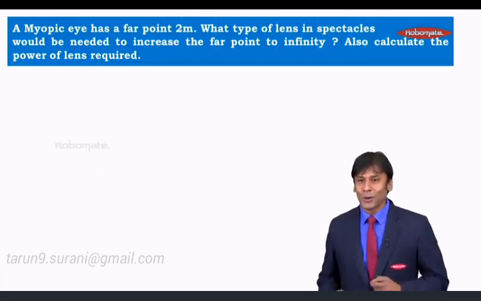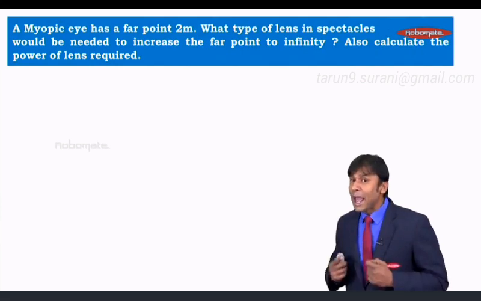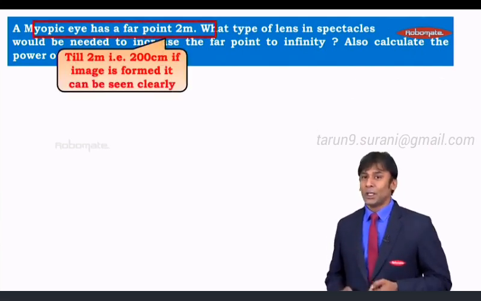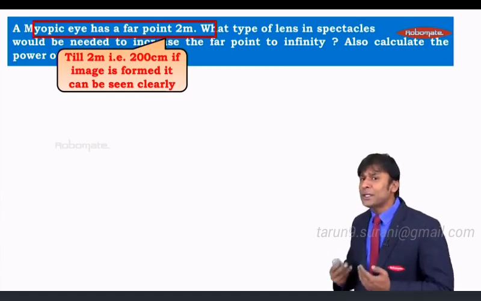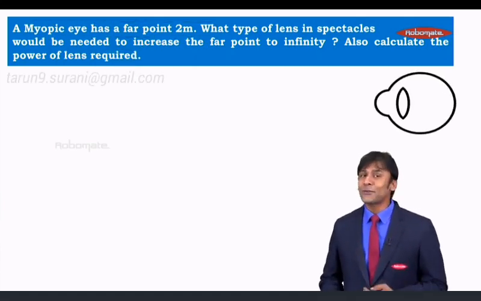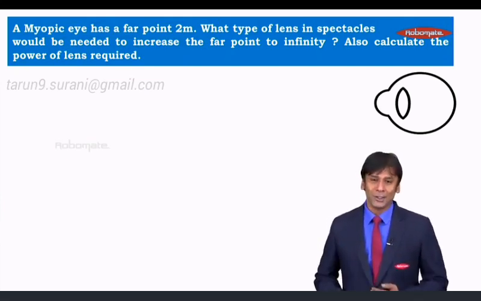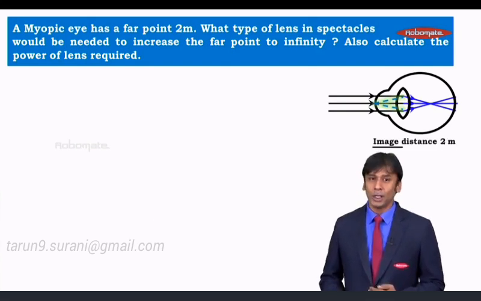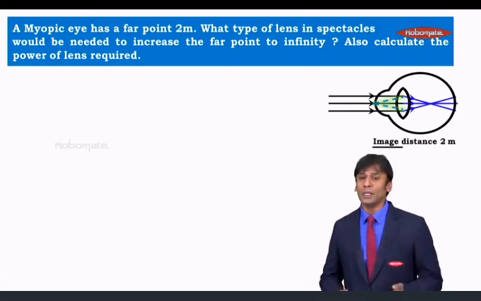In this numerical, the question says a myopic eye has a far point 2 meter. What is far point? Till 2 meters, that is 200 centimeter, if image is formed, it can be seen clearly. So what is given in the first data, students, is the image distance. So here, the image distance is 2 meter.